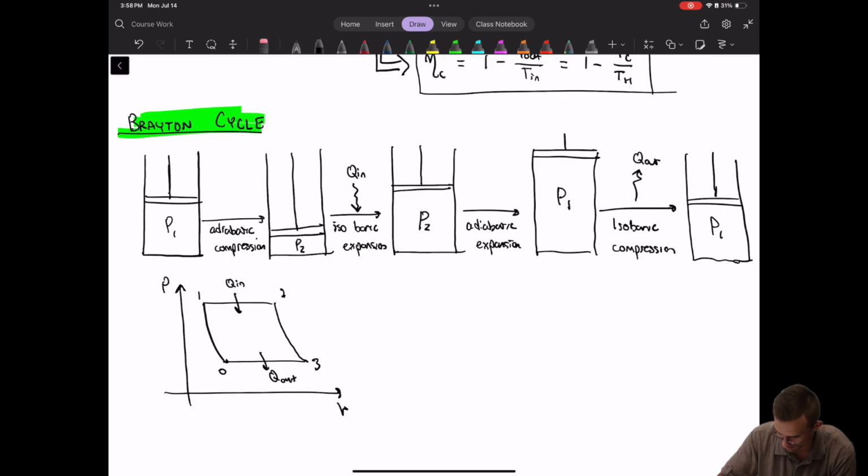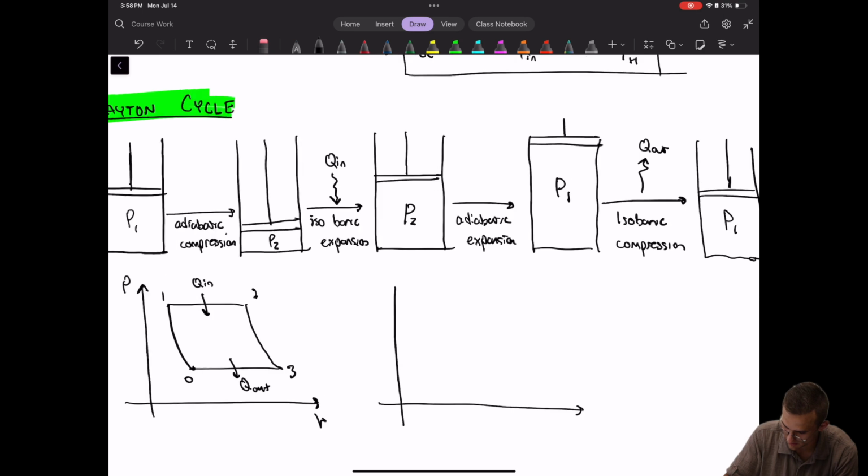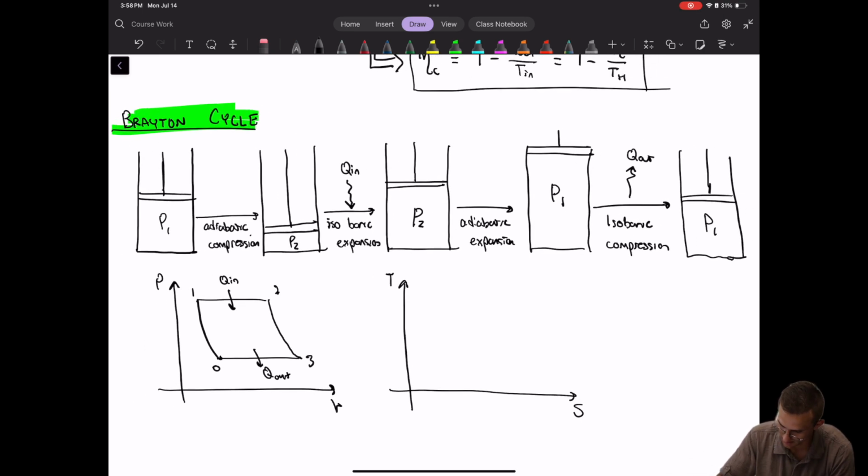And then the TS diagram looks like this. 0 to 1 is, for the ideal system, isentropic. And then you have, this is what the isobaric expansion looks like. And then you have finishing up the system like that.